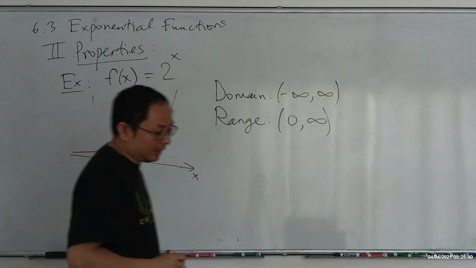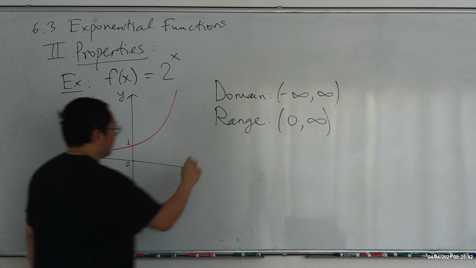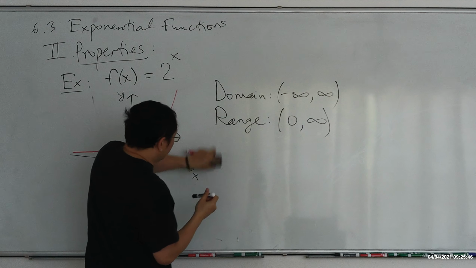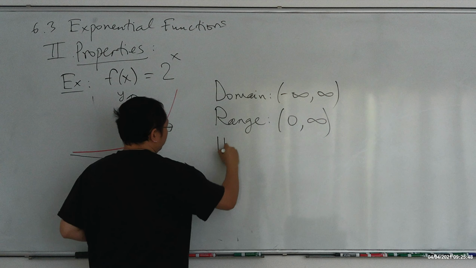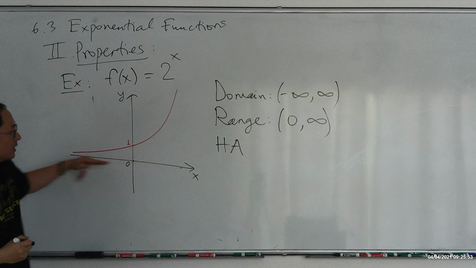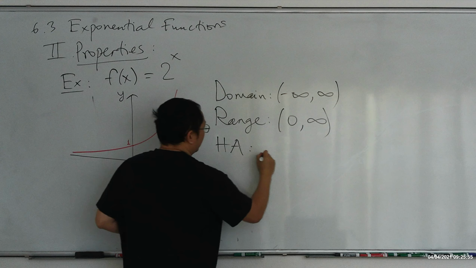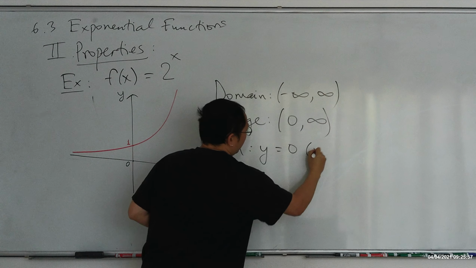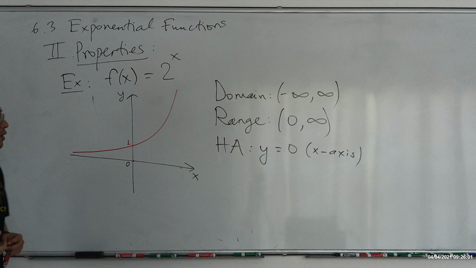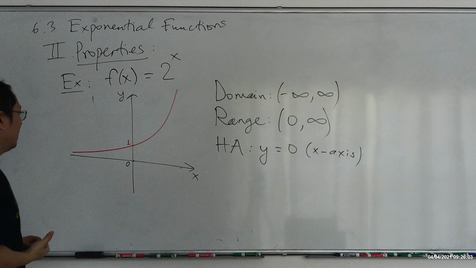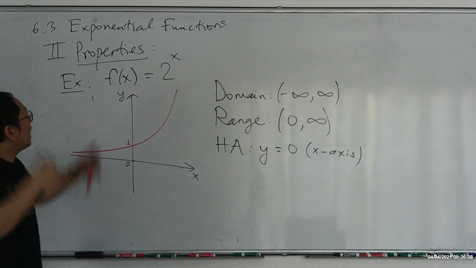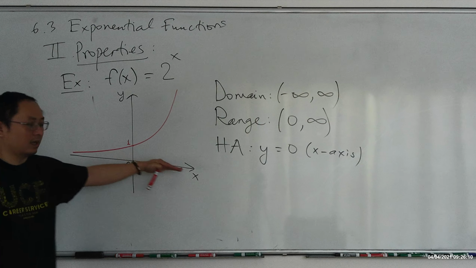Now, another thing: horizontal asymptote. You see that this graph has a horizontal asymptote, which is the x-axis. The equation is y equals 0. So not just the rational functions we learned before give you asymptotes; here the exponential function also gives you an asymptote.